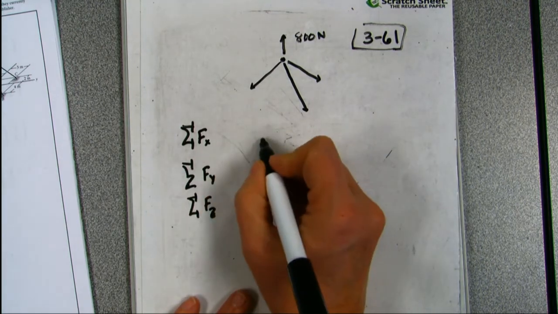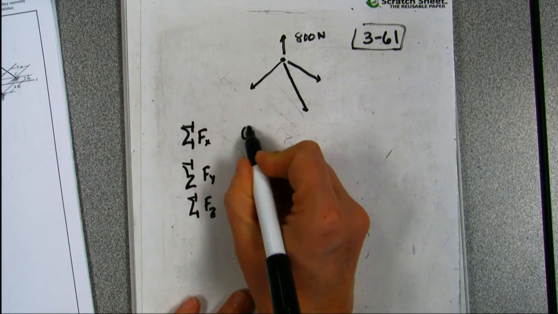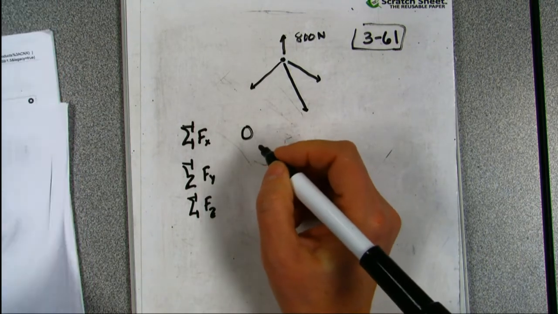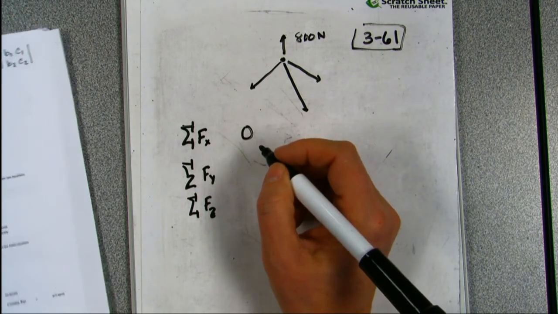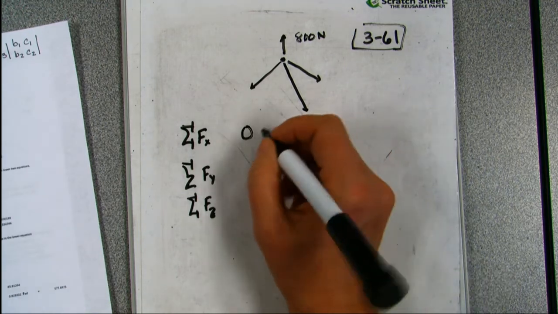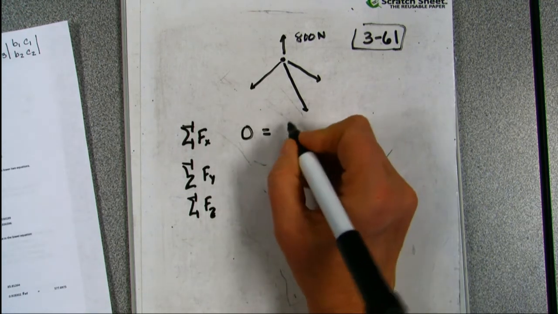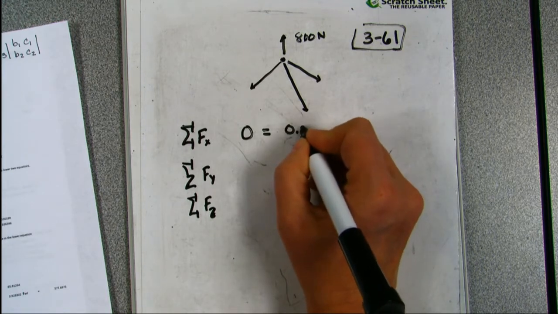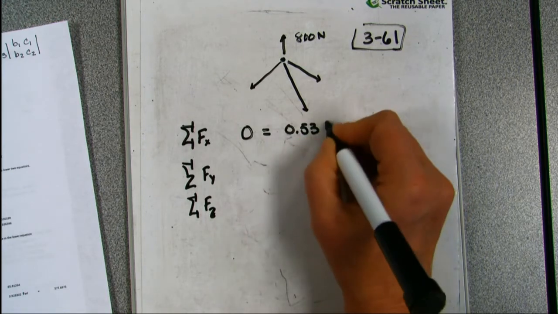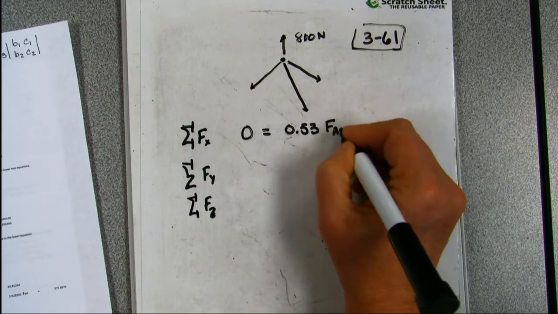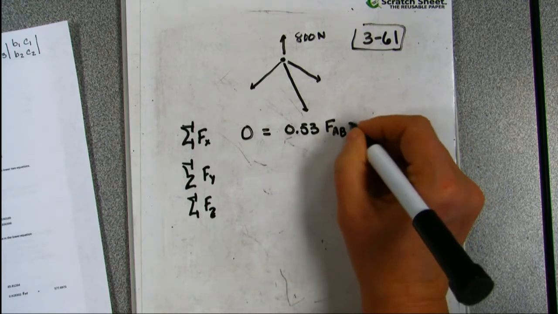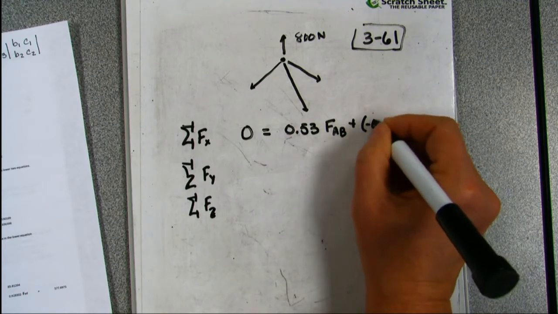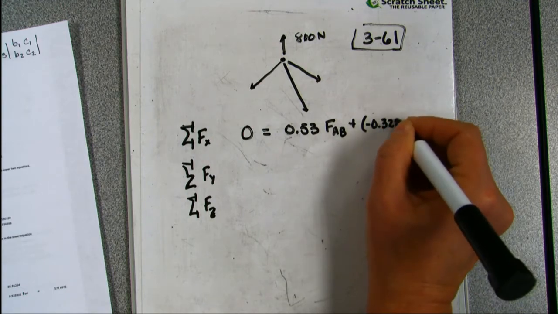And this is going to equal, so this is the x1, it's 0. You guys can work through it, but I went ahead and put it into the decimal format. So this is 0.53 FAB plus a minus 0.324.